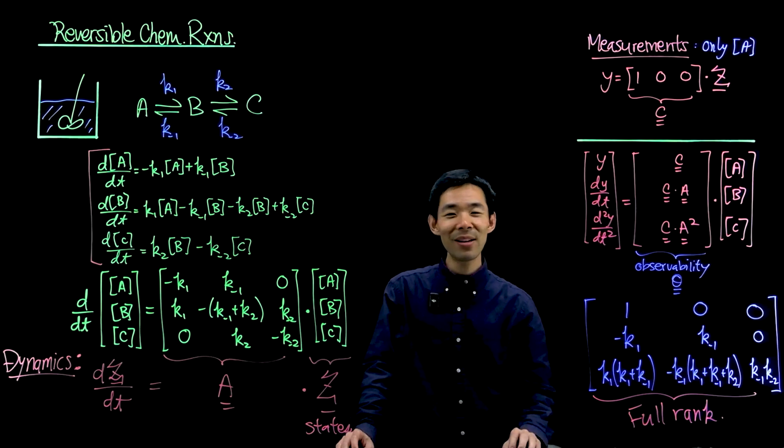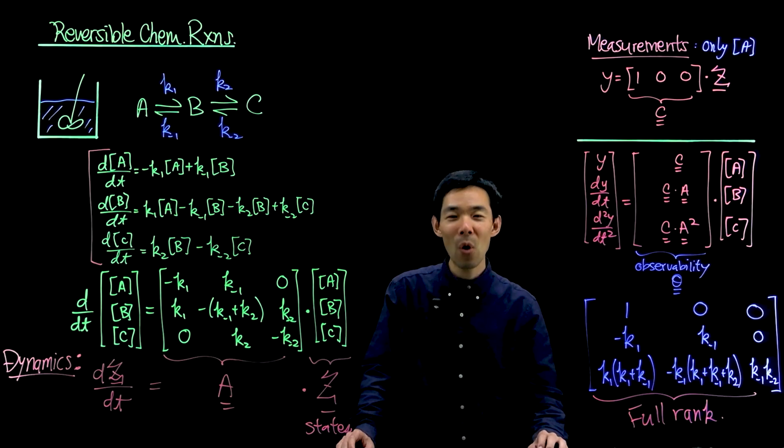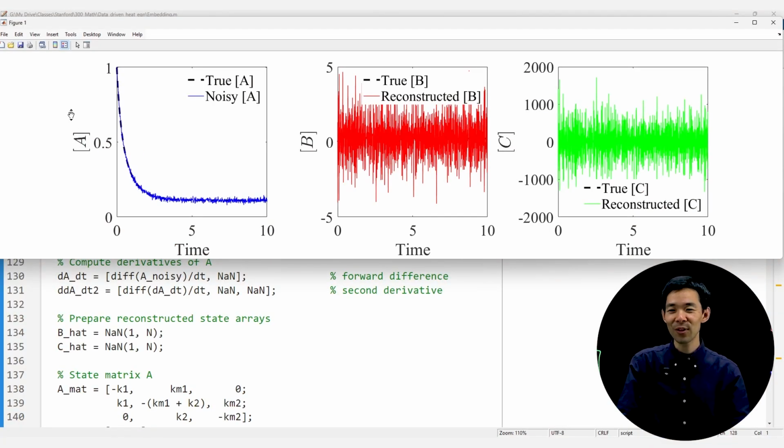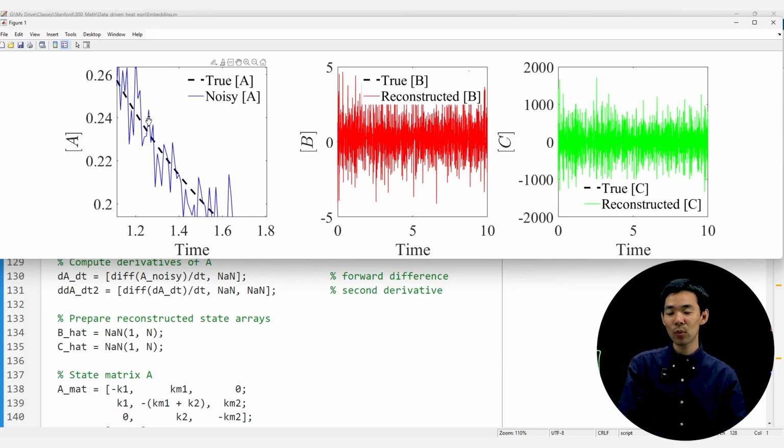If there's a little bit of noise on species A, it turns out the method performs extremely poorly. So first, over here on the left, we have species A. The dashed black line is the clean data set with no noise. If you add 1% Gaussian noise, you can see this blue wiggly squiggly line.